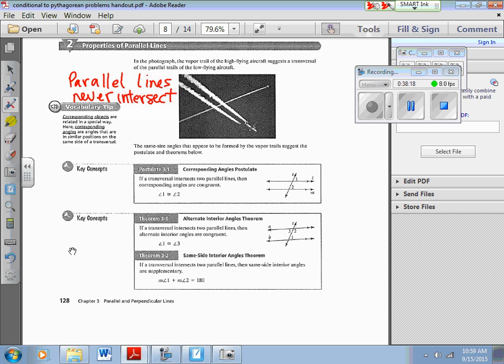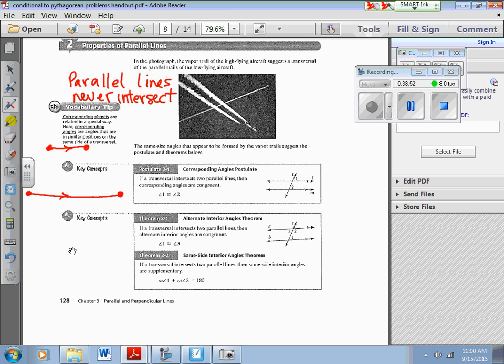Parallel lines don't have to be equal to each other, meaning the length of one does not have to be the length of the other line either. If they're parallel, one of them could be this long, and the other one could be this one. If we're using length, I only use points. If those lines are parallel, the image will have a set of arrows inside of it somewhere, going in the same direction.